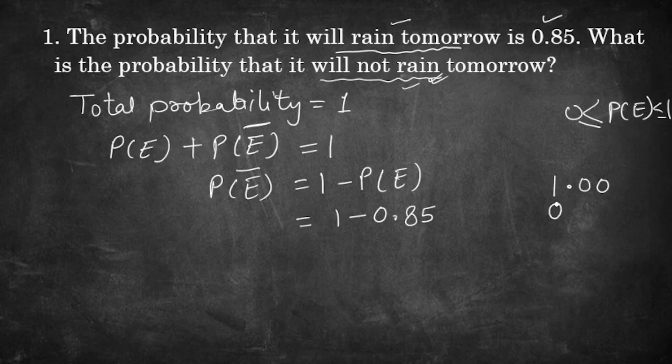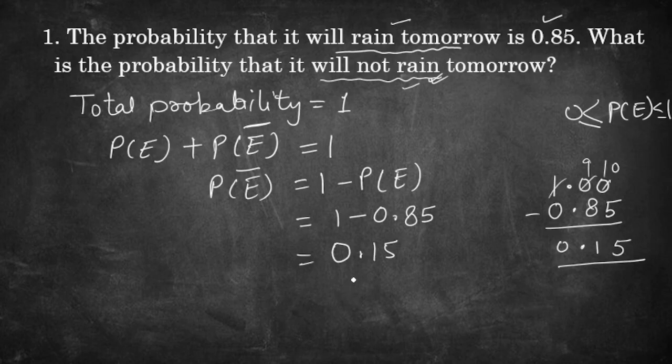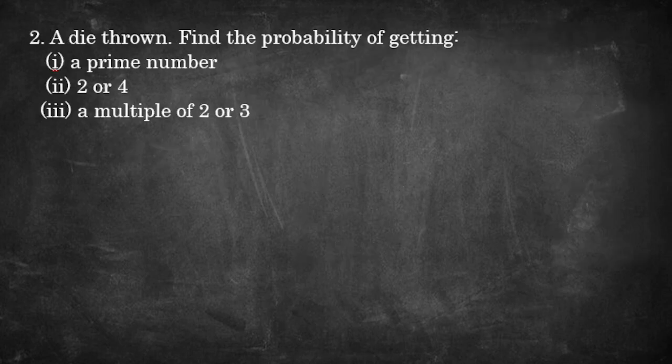From this we will subtract 0.85. Okay, so now 10 minus 5 is 5, 9 minus 8 is 1, and 0. So it will come 0.15. So the probability that it will not rain tomorrow is 0.15. Clear? Okay. Let's move to the next slide.